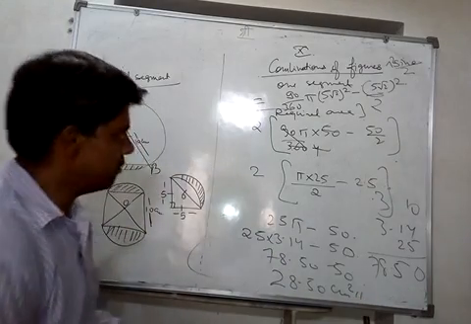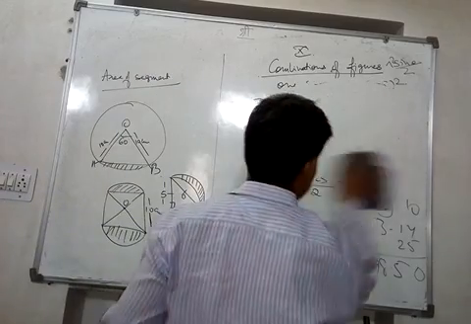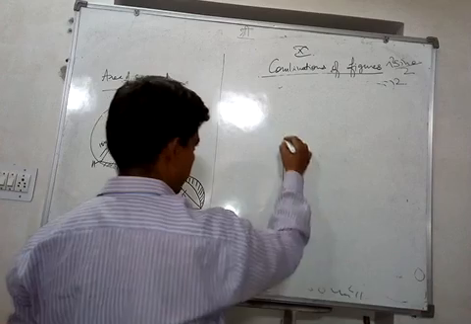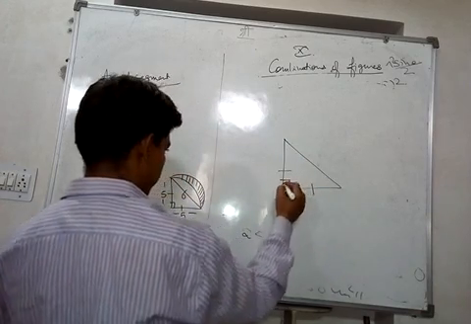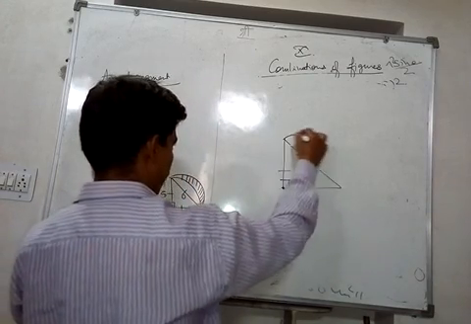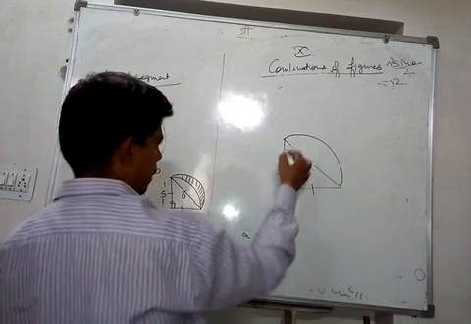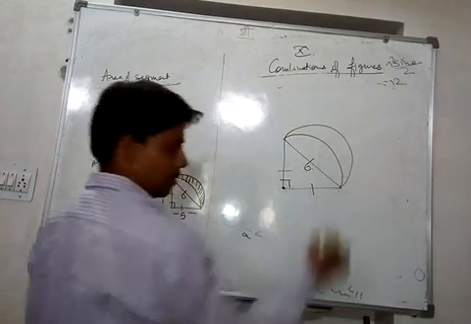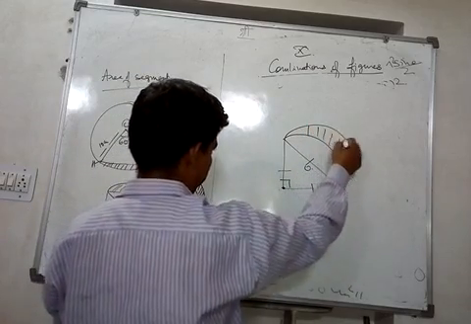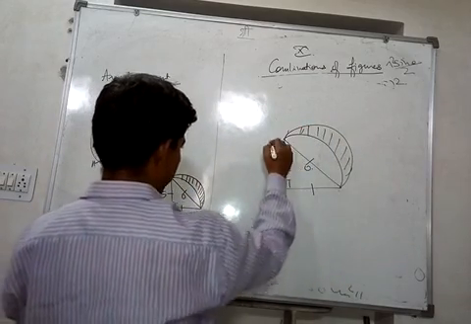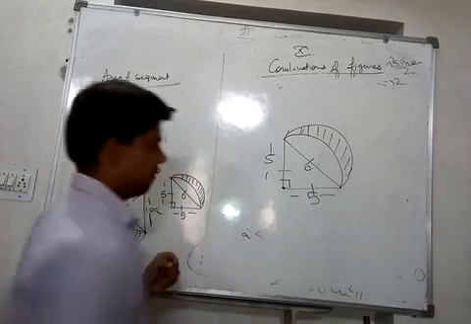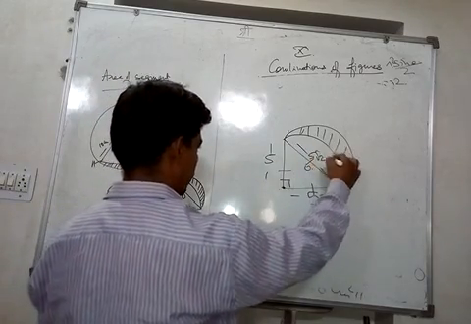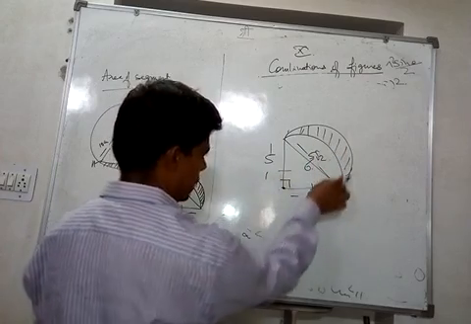So we can have one more question for this combination of figures. There is an isosceles right angle triangle. Taking this side as radius, we have drawn a quadrant, and taking this midpoint as center, we have drawn a semicircle. We need to find this shaded region, and the side of the isosceles right angle triangle is 10. Again, first of all, you can find the hypotenuse as 5 root 2. This will become the diameter of the semicircle.